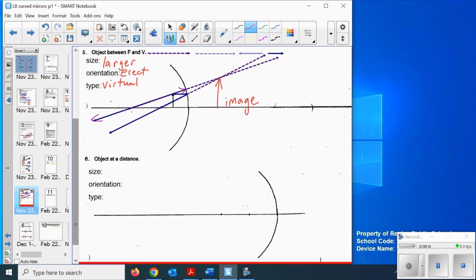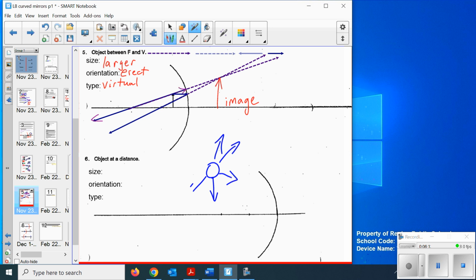It's so far away that light rays coming from the sun, if this is the sun, yes, we have light rays going in all directions, right? But the ones hitting Earth, Earth is here, they're all basically parallel rays. Right? So that's at an extreme.